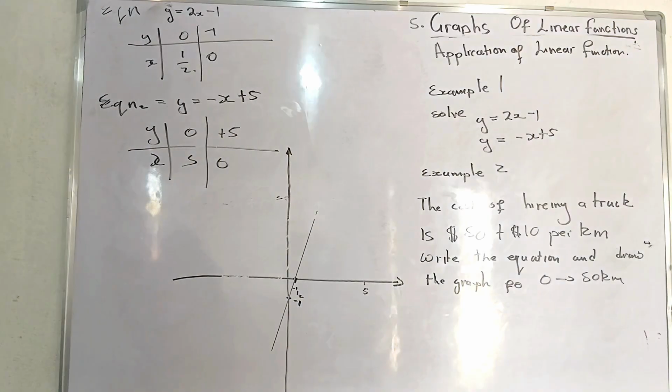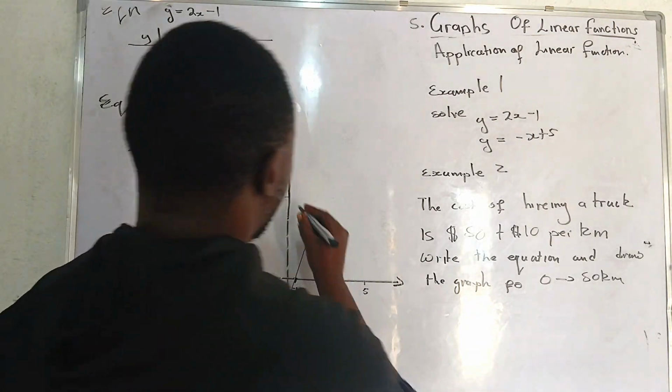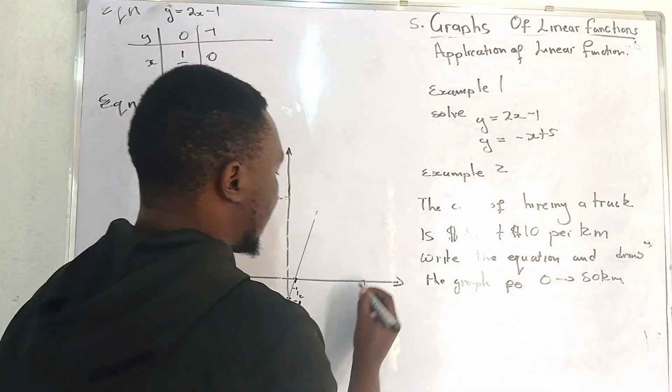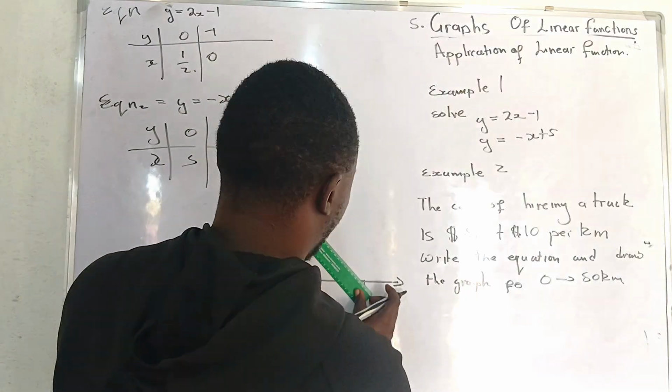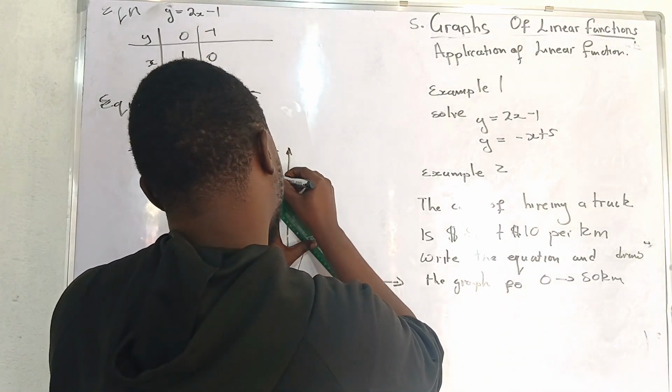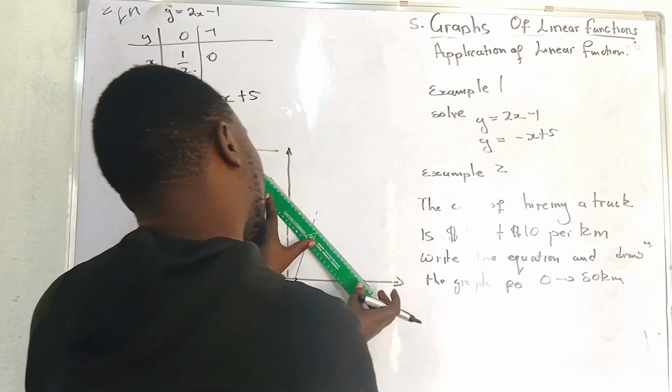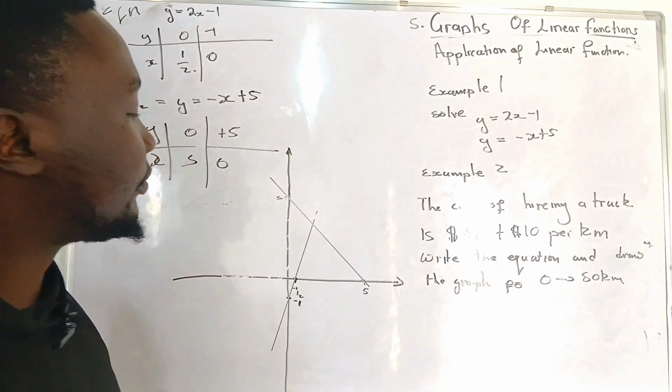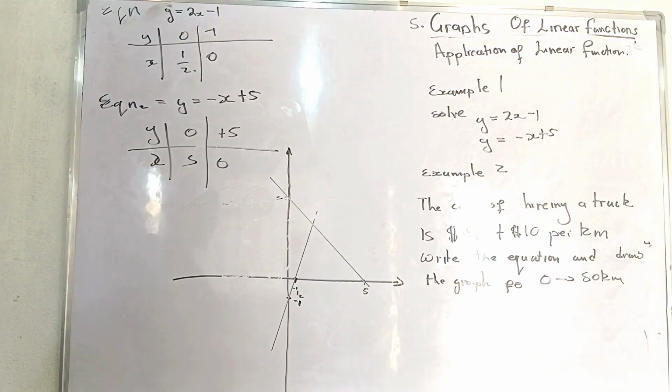You now have 2 points, and then you draw your graph.